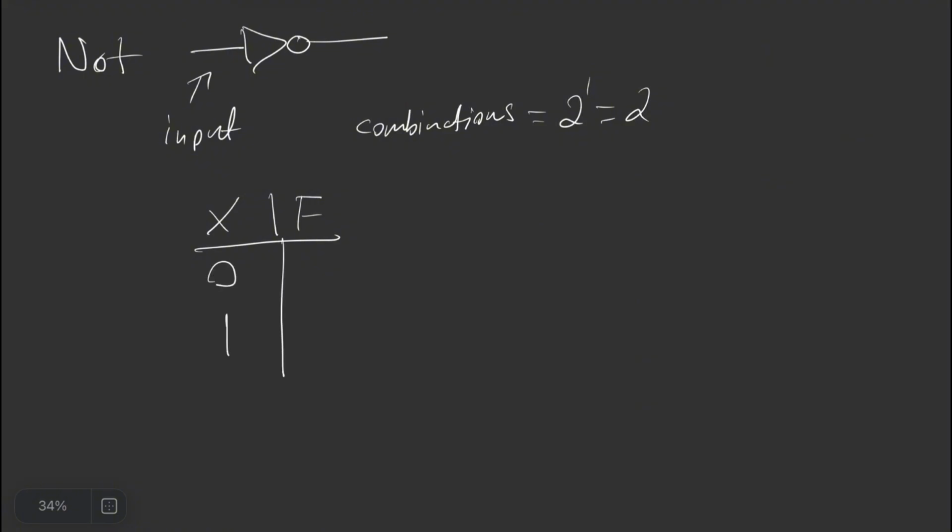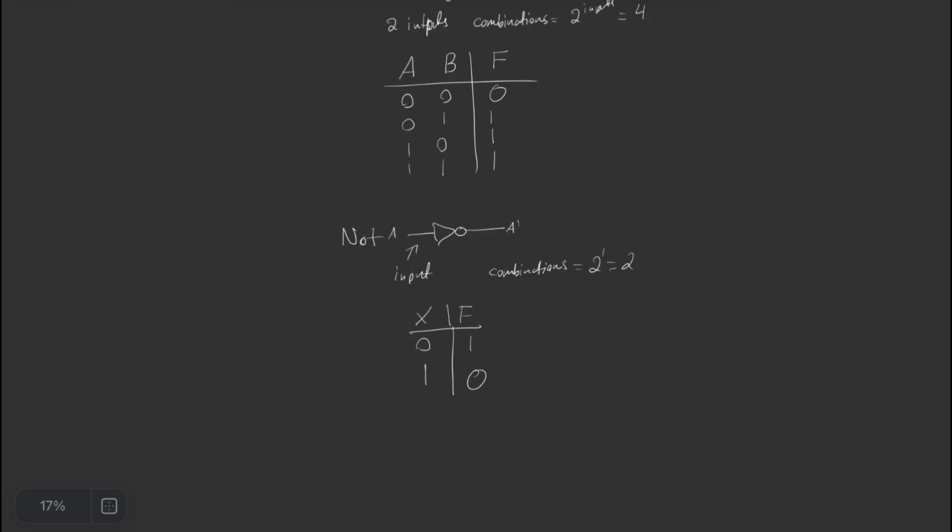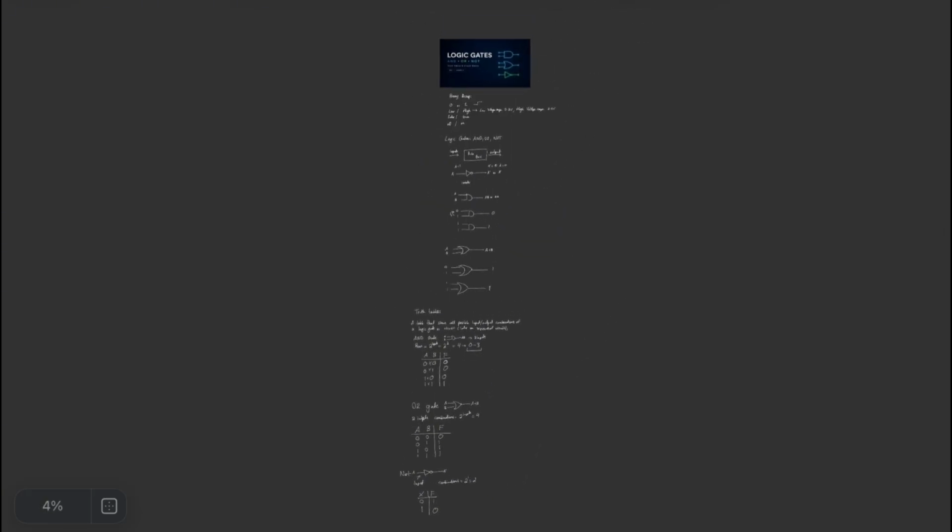If we input a 0, it'll be 1. If we input a 1, it'll be 0. Or similarly, if we input A, it'll be A prime, or the inverse. So this is the basic functionality of all of our gates and the basic construction of truth tables, okay?